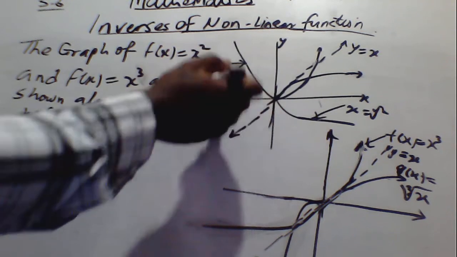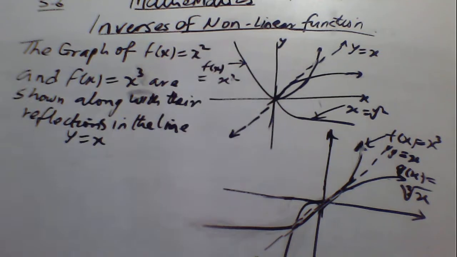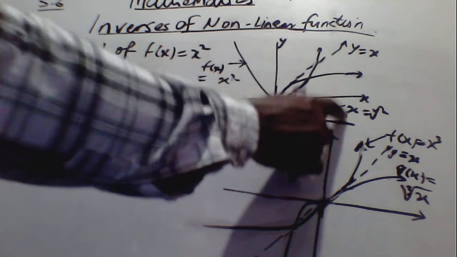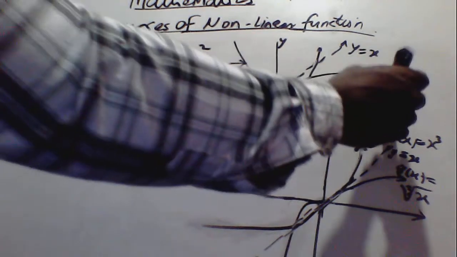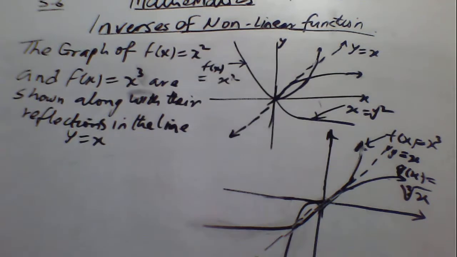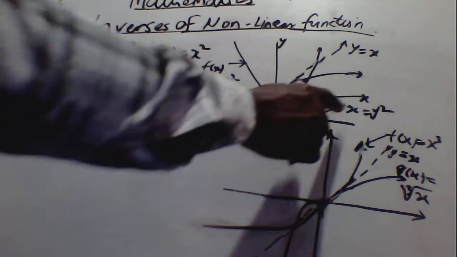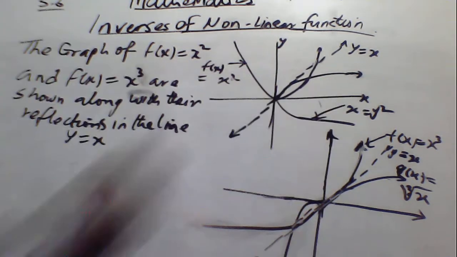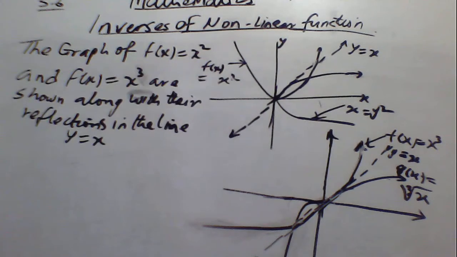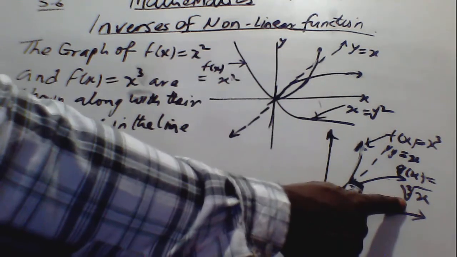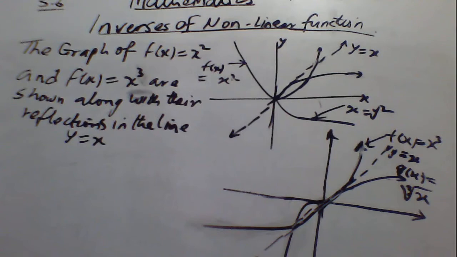If you look at this, it has a negative. This is not a function. x equals y squared is not defined on x, so it's not a function. And why is this one a function? For that reason, x equals y squared is not an inverse of x squared, but cube root of x is an inverse of x raised to power 3.